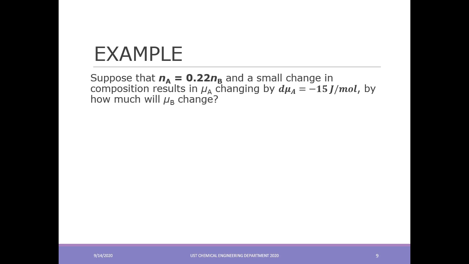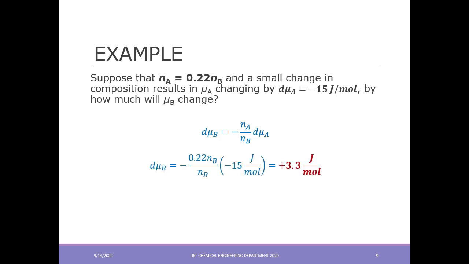We know that for a binary mixture, the change in the chemical potential of B is equal to negative NA over NB times the change in the chemical potential of A. Substituting the known values and the given relationship of NA and NB, we get that the chemical potential of B increases by 3.3 joules per mole. This further shows that if the chemical potential of one component increases, then the other one decreases.